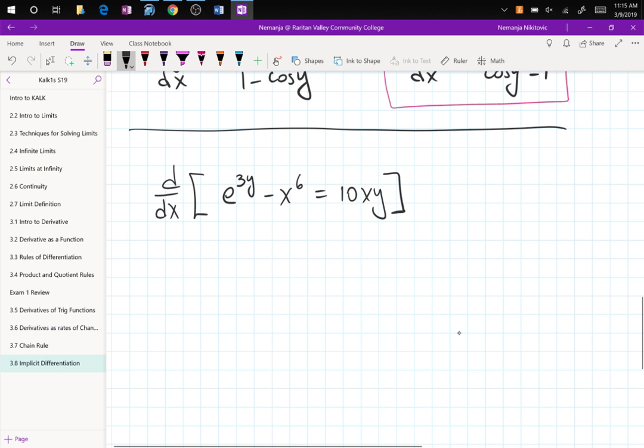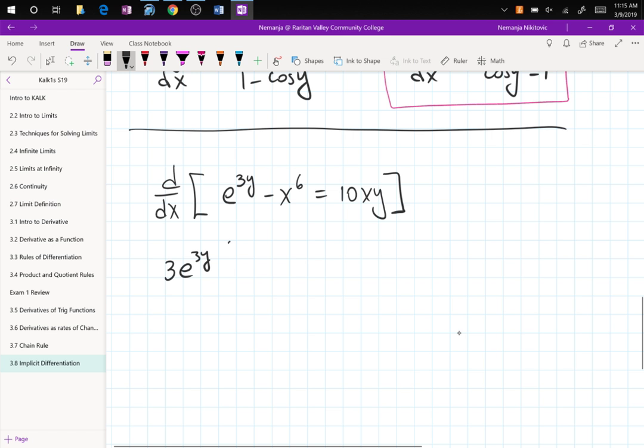So what you can do is you can go and differentiate this term by term. So what's the derivative of e to the 3y? It's going to be same like if there was an x up there. Yeah, 3e to the 3y.